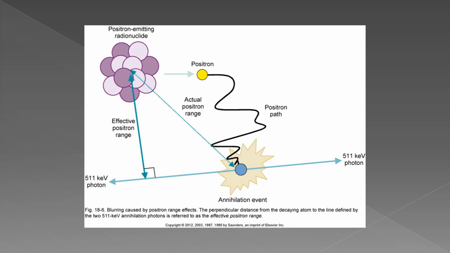But instead, it actually followed a little bit of a wonky path here before it collided down here with an electron and had that annihilation event. And then also, the two 511 keVs are not exactly 180 degrees from each other. So as the scanner tries to trace that back, you're going to get even further away from where that positron radionuclide actually is located.